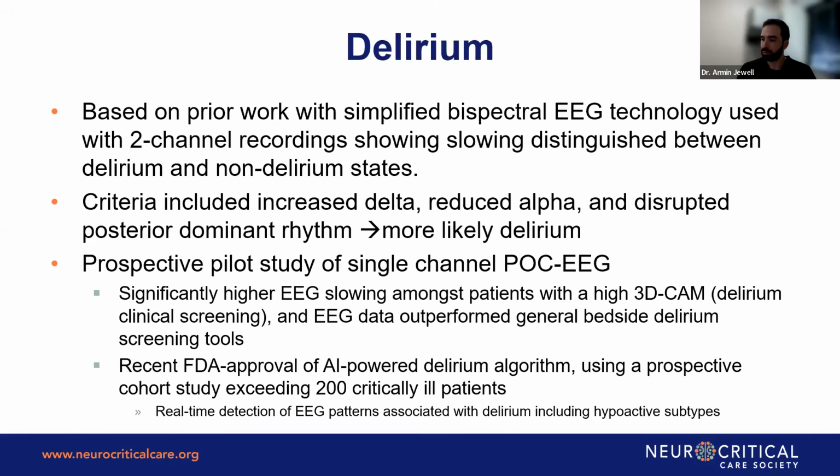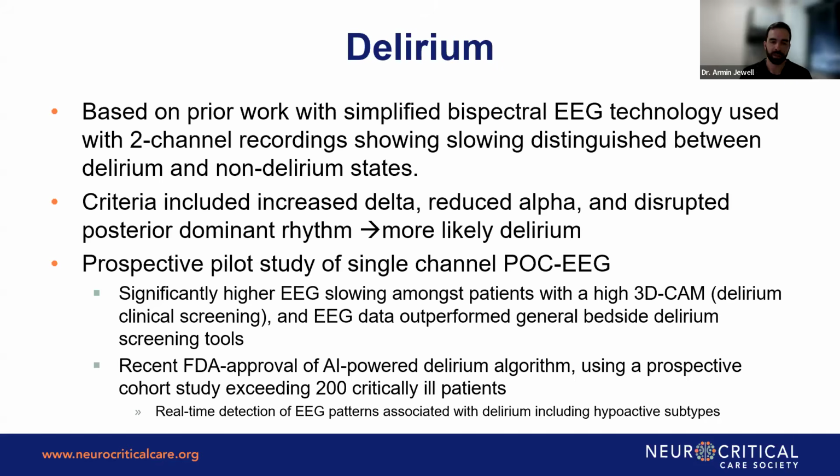Delirium is also one of the newer reasons for using point of care EEG. There was some prior work looking at bispectral EEG, which is basically a two-channel EEG, to try to show whether this is delirium or not delirium in patients in the ICU specifically.